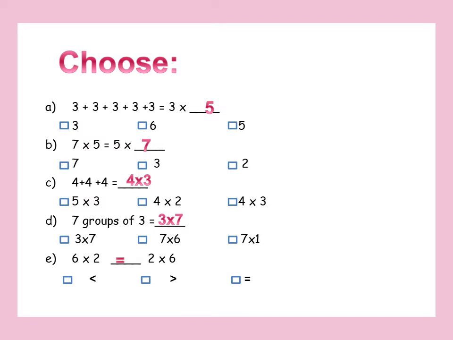They are equal. Because if we switch the factors of the multiplication equation, we will have the same answer. So 6 by 2 equals 2 by 6.